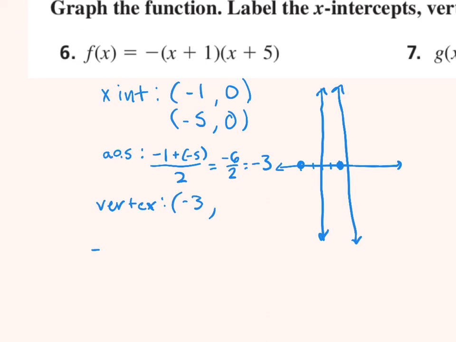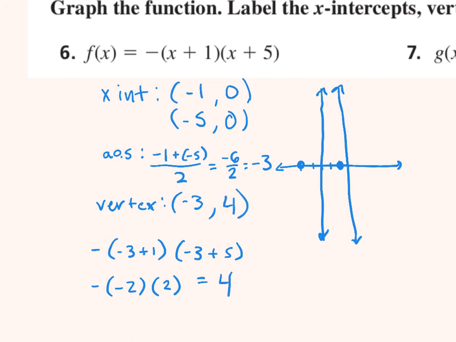So we have negative 3 plus 1 times negative 3 plus 5. Negative 3 plus 1 is negative 2. Negative 3 plus 5 is positive 2. So this would equal 4. So our y value in our vertex is 4.